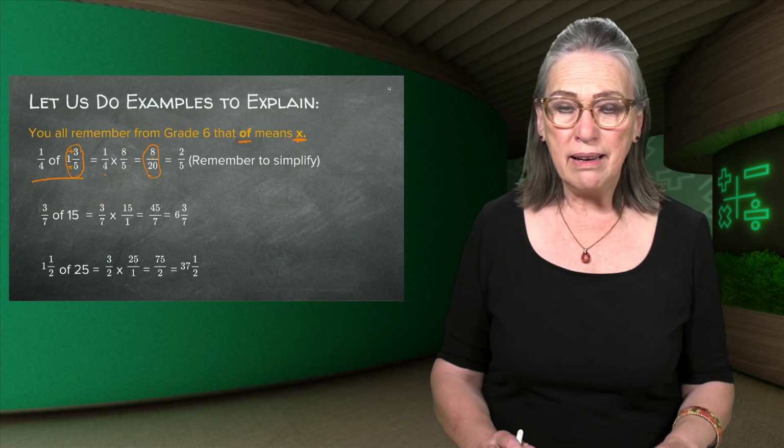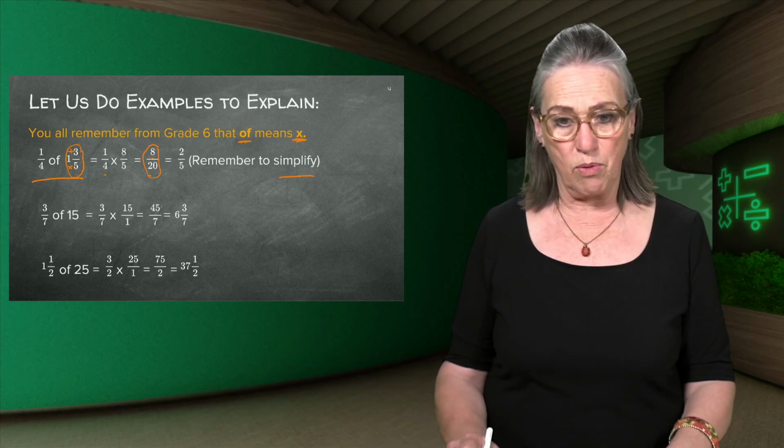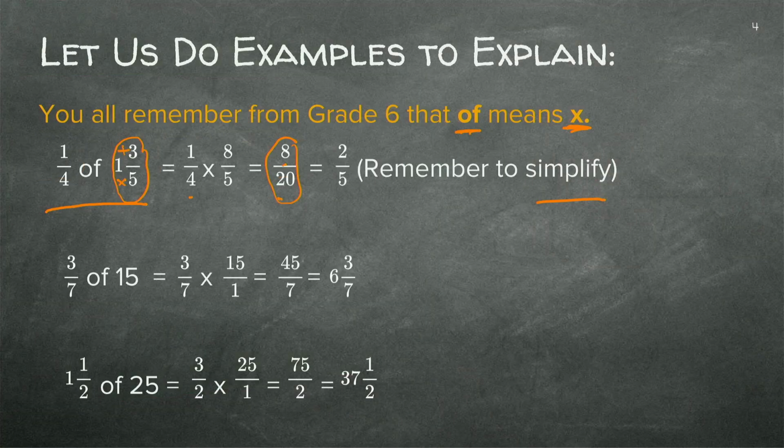But remember, you always give your answer in the simplest form. So you always simplify. And can we simplify 8/20? Yes. We can immediately see we can divide 4 into 8 twice and 4 into 20 5 times. So that is our answer. Cool. They ask us to work out 3/7 of 15.